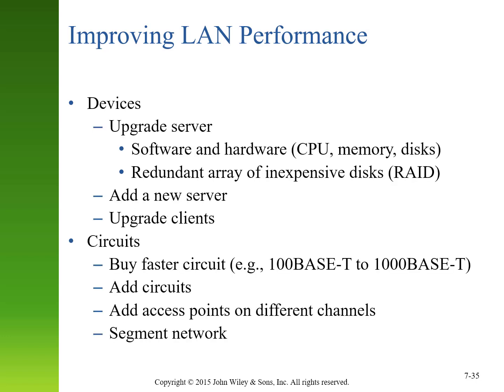If the slowdown is your circuit, you can certainly increase the speed by moving from twisted pair to fiber optic, or adding additional circuits between various devices, or even moving your access points or your servers or clients to different locations to provide faster connectivity from one place to another. You may even consider network segmentation.